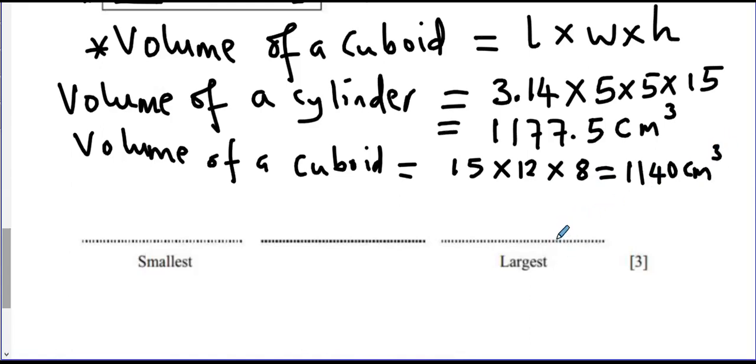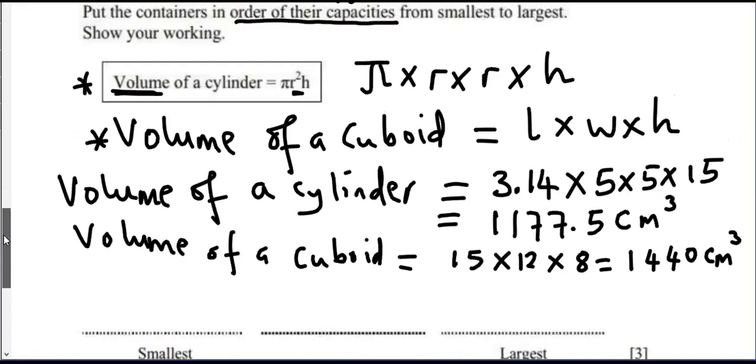Okay, sorry, that's not the correct answer. 15 times 12 times 8 will be 1440 centimeter cube. That is the volume.